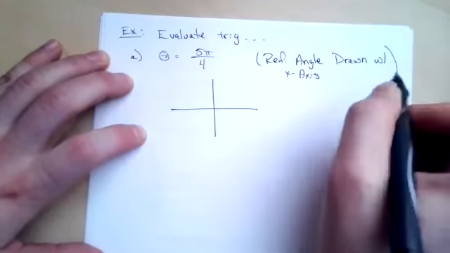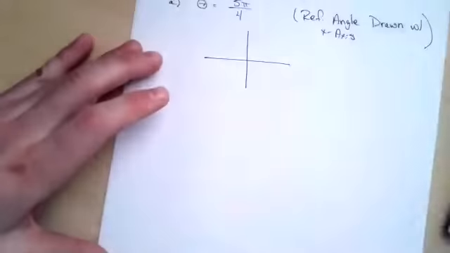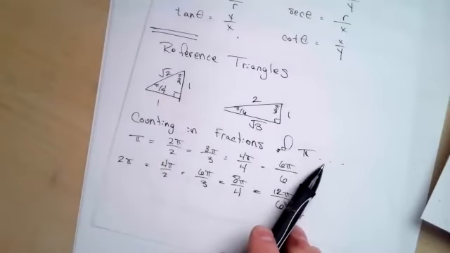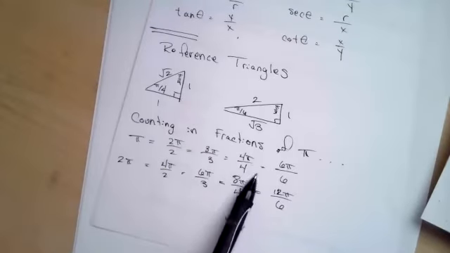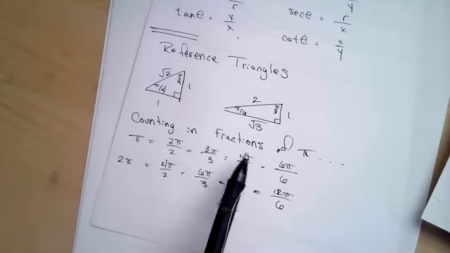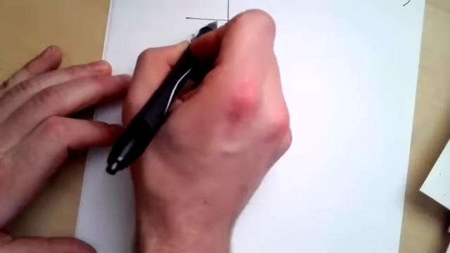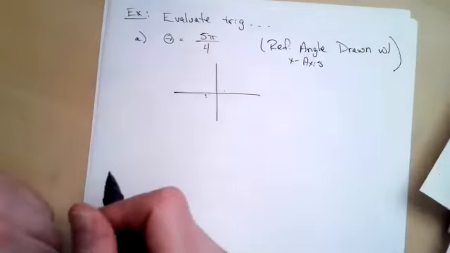So how do you figure out where 5 pi over 4 is? Well, we look at whichever one it's closest to. So in our counting fractions of pi, 5 pi over 4, the denominator is 4. Which one is it closest to? It's actually closest to 4 pi over 4. So 4 pi over 4 was the negative x-axis. So 4 pi over 4 is halfway around the circle. How do we get to 5 pi over 4?